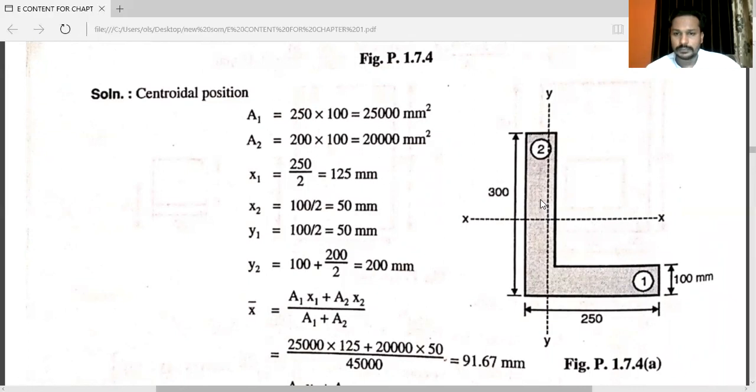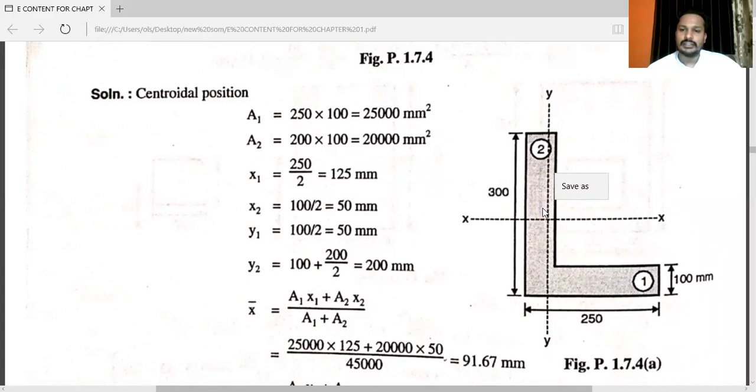But y bar is 116.67. So the gap between the second rectangle centroid point and the centroid of the entire diagram, the vertical distance between them, is 200 minus 116.67.